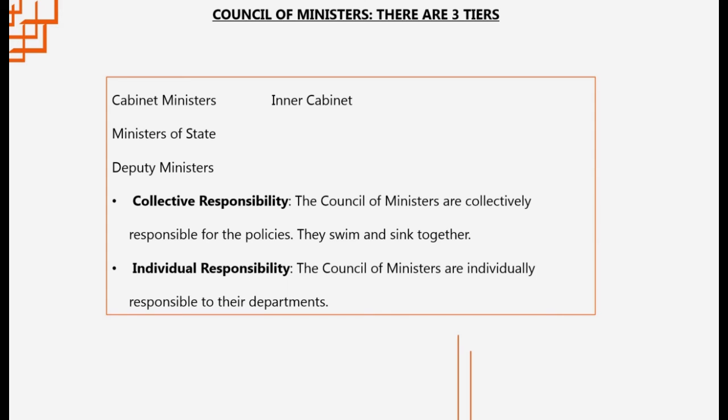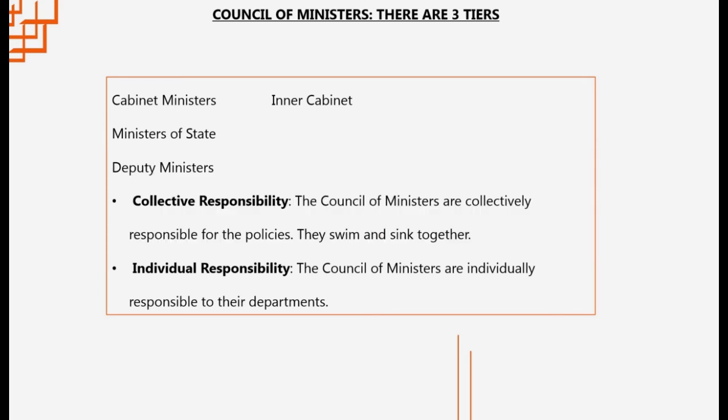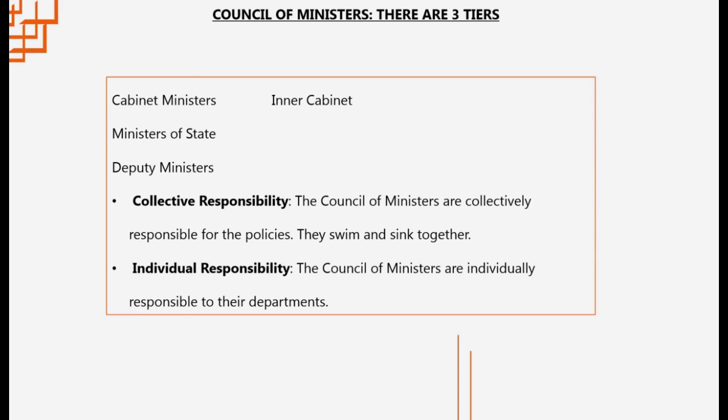When the Lok Sabha passes a no confidence motion against the Council, all the ministers have to resign, including ministers from the Rajya Sabha. Instead of resigning, the ministers can advise the President to dissolve the Lok Sabha on the ground that the Lok Sabha does not represent the views of the people.